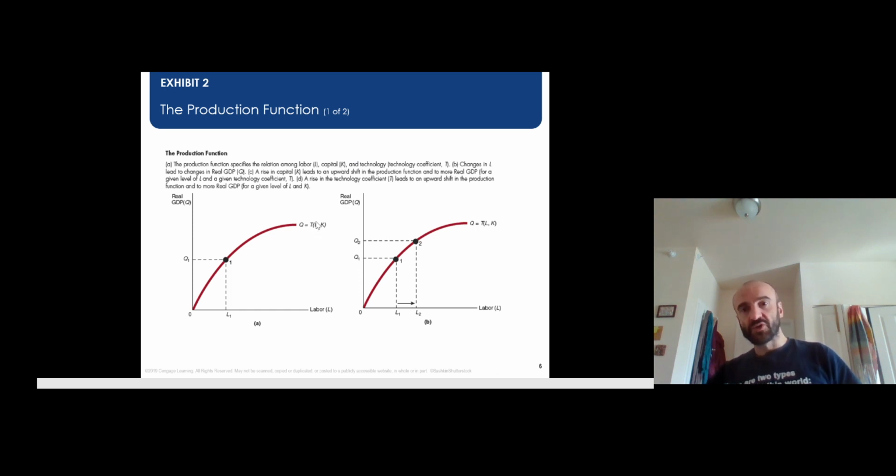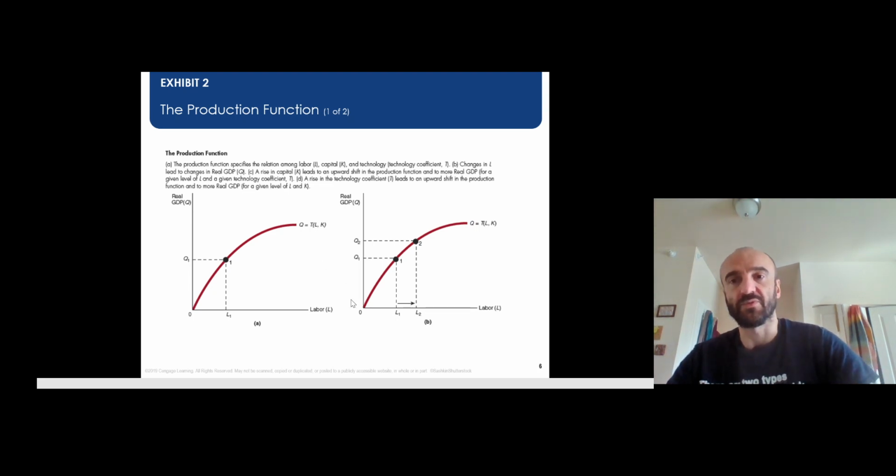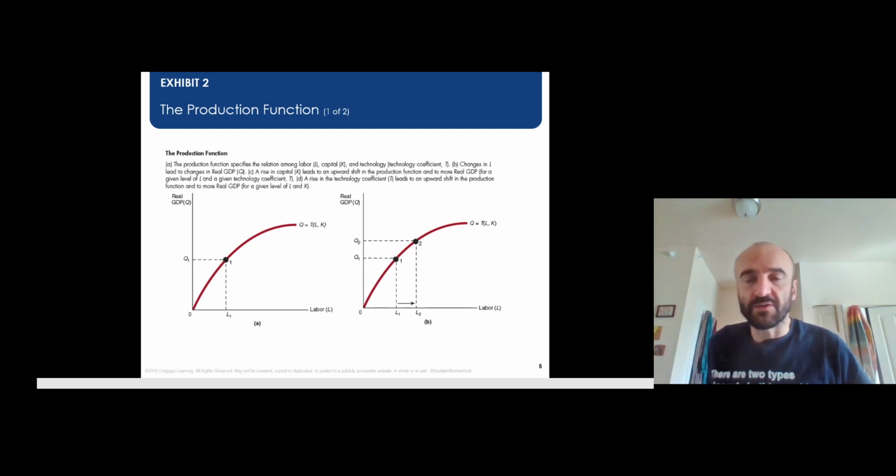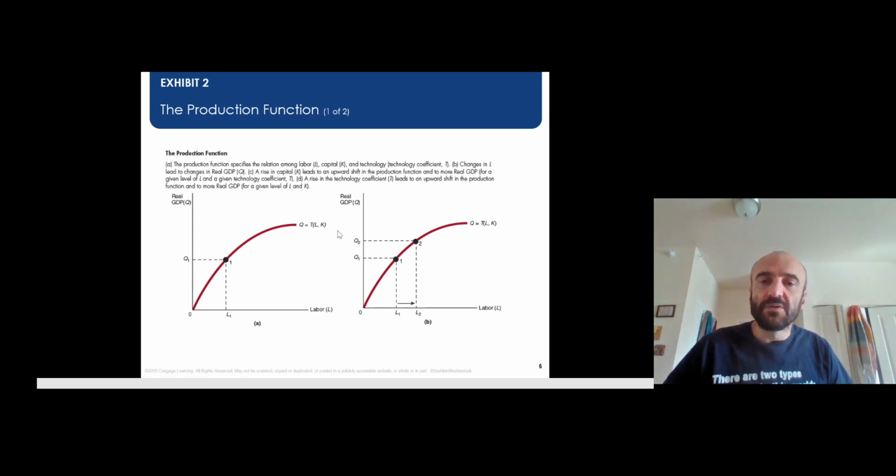And we have the technology coefficient, which is a certain number that tells you how well you're using capital and labor. It's a measure of the technological development of your country. You don't have to worry now about how exactly this is calculated or estimated, but you just need to know that all three variables are positively related to real GDP.